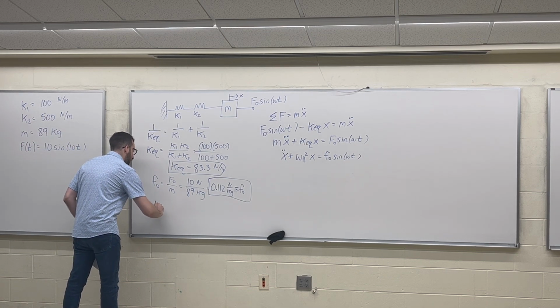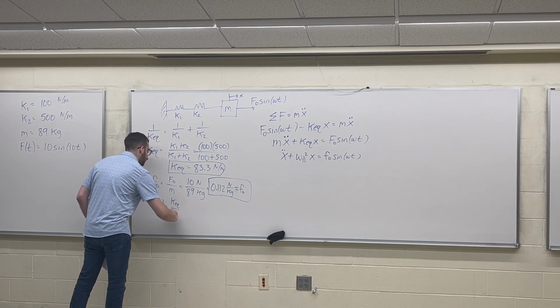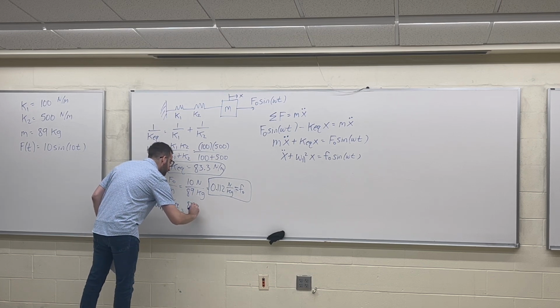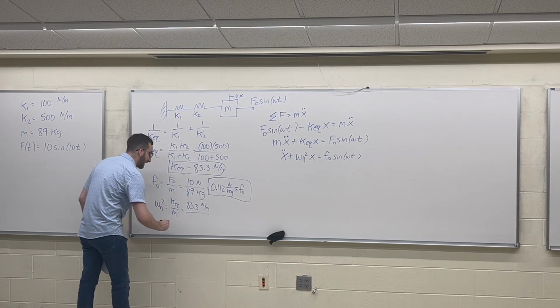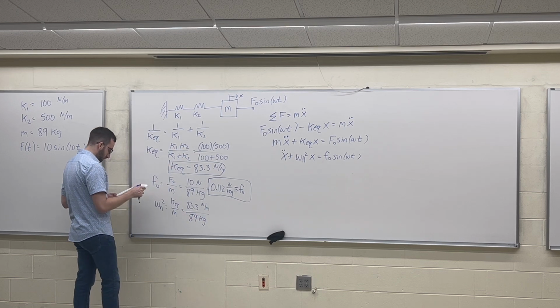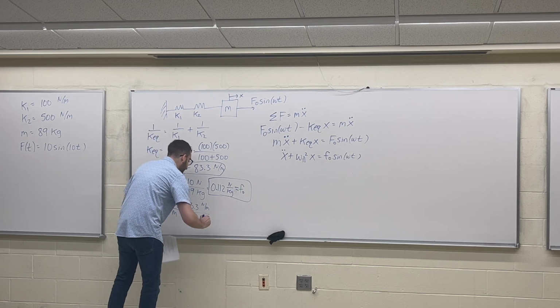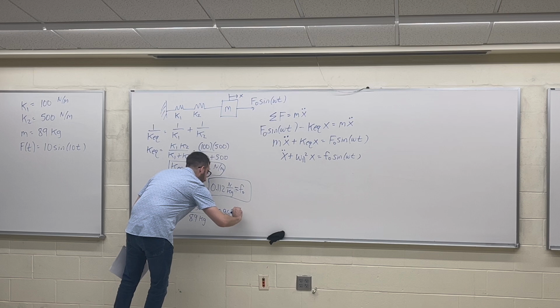And then we can calculate our omega n squared if you like. That's K_EQ over m. K_EQ is 83.3 newtons per meter divided by the mass, which is 89 kilograms. That ends up being 0.968, I think. Is that right? Radians per second.